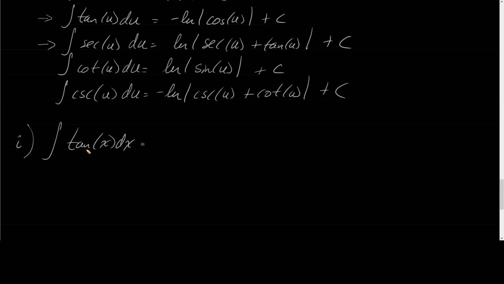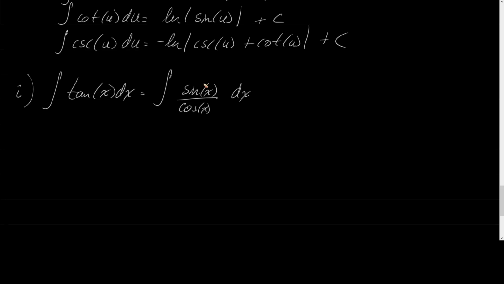Well, in here, tangent of x can be rewritten to be sine over cosine, right? So let's see what we can do here. I'm going to start with making sine u. So let's see. U is sine of x. Then at that point, du would be cosine of x dx. So that dx is equal to du over cosine of x.